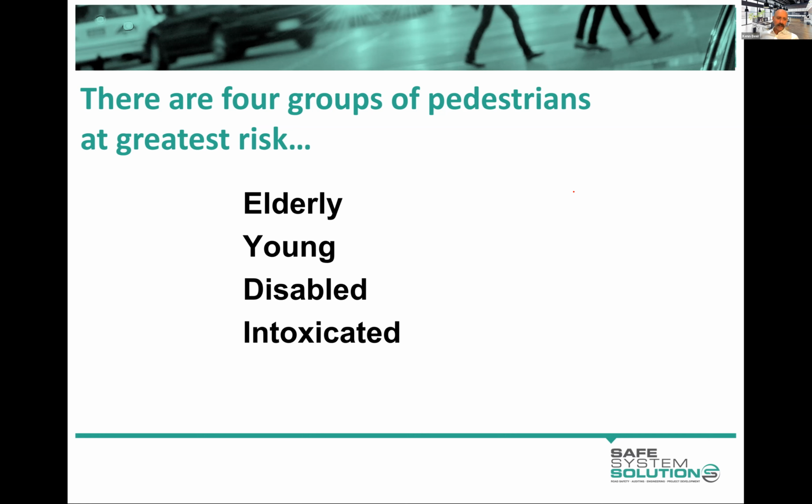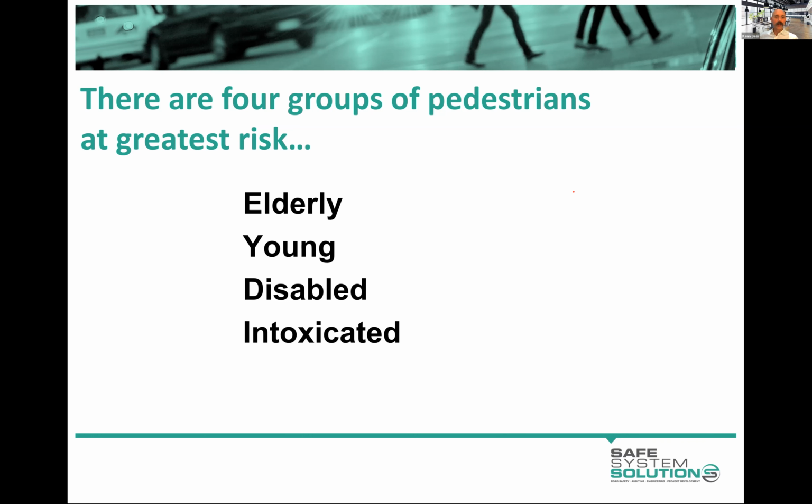Now, that's an interesting one because it gets you wondering, well, gee, can we design infrastructure when people are going to be intoxicated? And really, we need to factor that into our auditing and say, well, okay, if there's an area that's got a higher number of intoxicated people, we need to think about that in our design of our facilities and the speed and the crossing and the way things work.